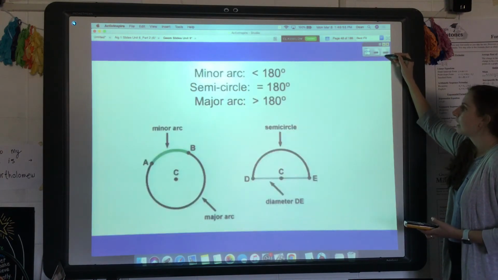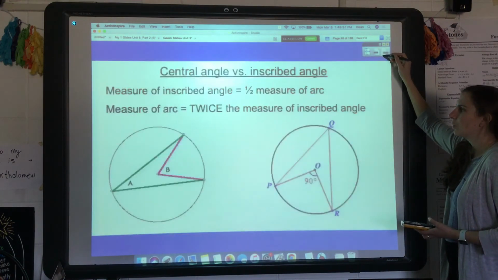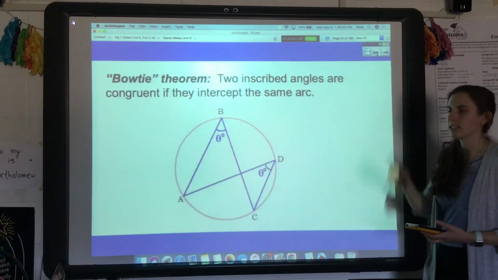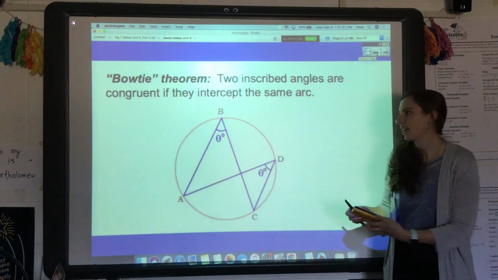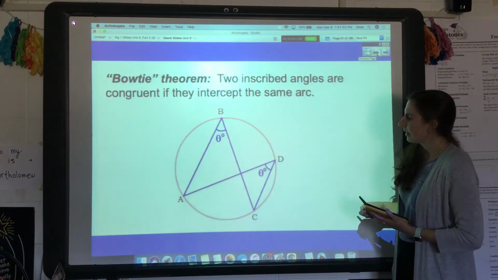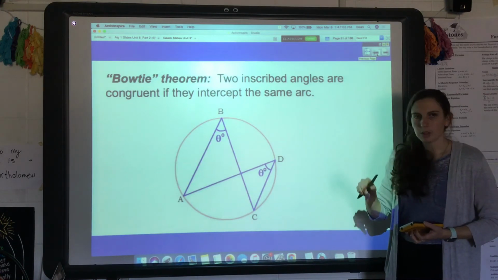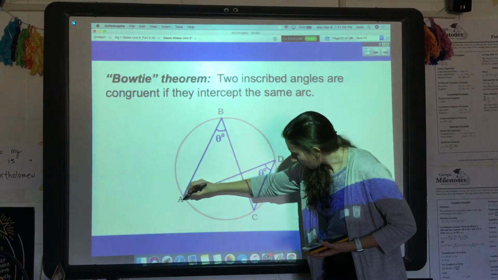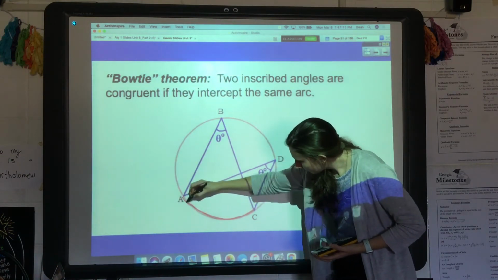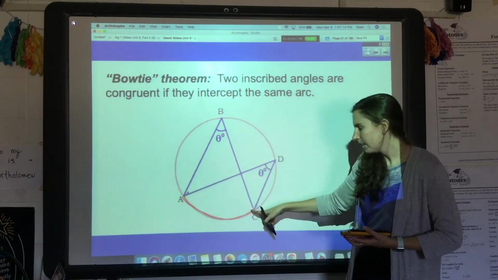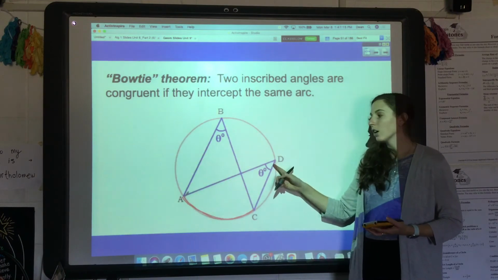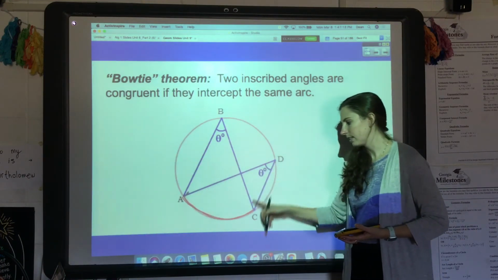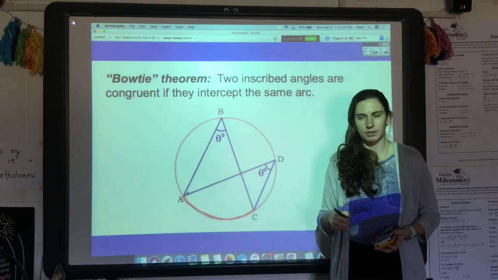All right, and then there's a few other things we can do with these inscribed angles that I wanted to hit on. One is called the Bowtie Theorem. Notice this angle right here intercepts arc AC. See how it hits at A and C? This angle right here also intercepts AC. They're on the same arc.